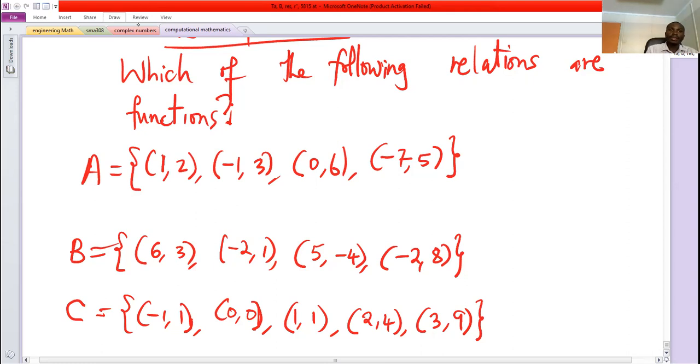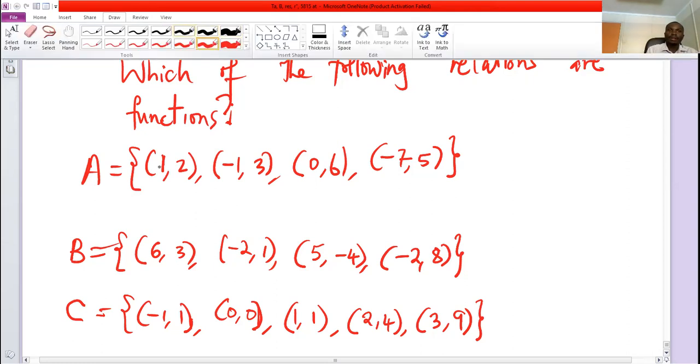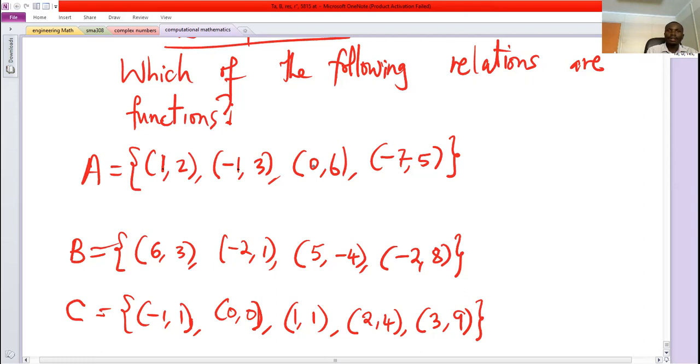So in the first one, the first elements are 1, -1, 0, -7. Because all the distinct pairs have different first elements, automatically this becomes a function, because all the first members in each pair are different. B, we have 6, -2, 5, -2.